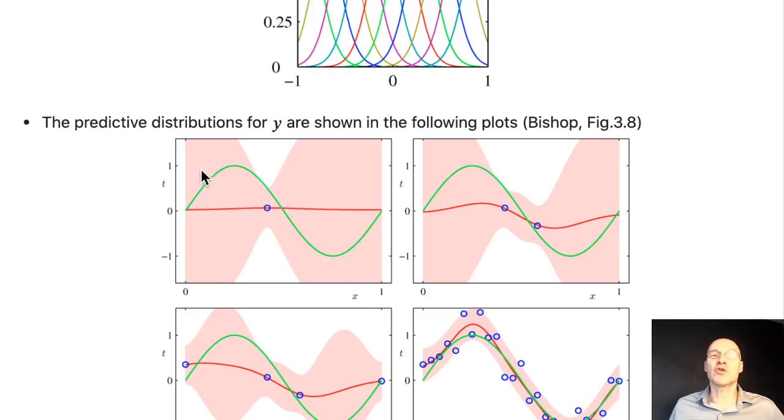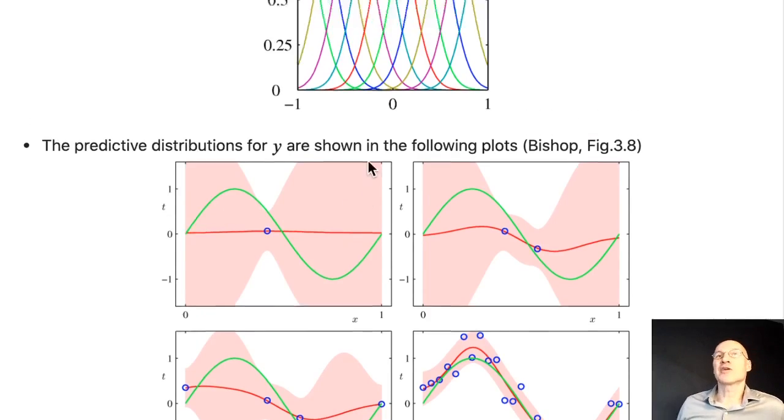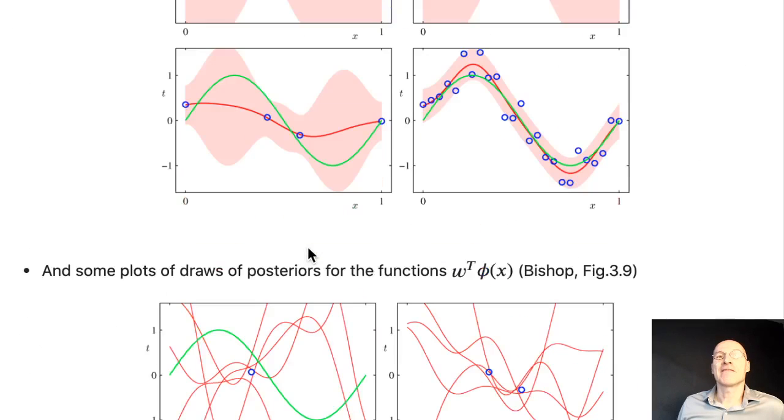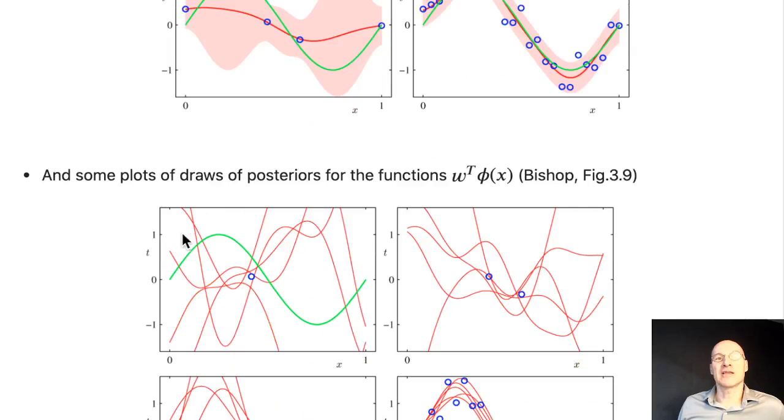If I now draw samples from my posterior for w and create new curves, then the curves corresponding to one data point look like this.